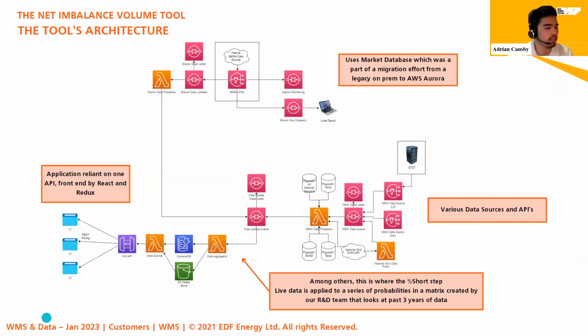Multiple people access the application, and it queries the API, which then activates Lambda and gets data from what we store in a DynamoDB table on AWS. Among other things, this is where the percentage short step happens, so live data is applied to that series of probabilities. We've also got various data sources and APIs, and we bring all that up to a screen so that the traders can monitor on a real-time basis.